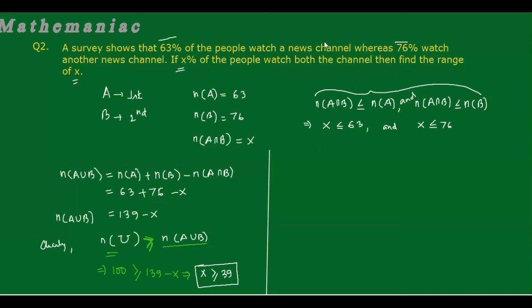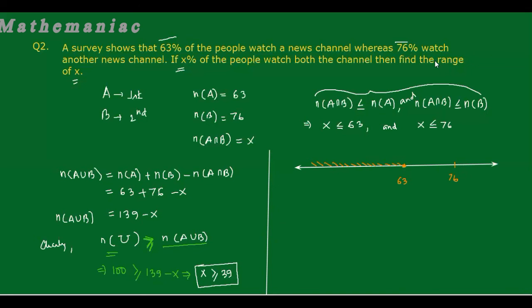If you quickly draw a number line, just to explain, this is 63 and 76 will be somewhere here. X less than or equal to 63 means including 63 and the left side.